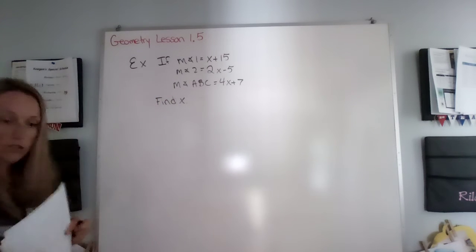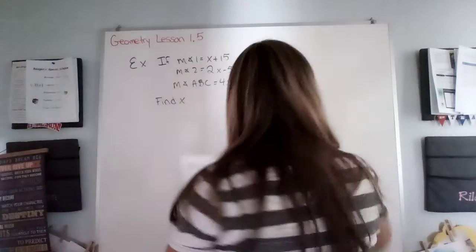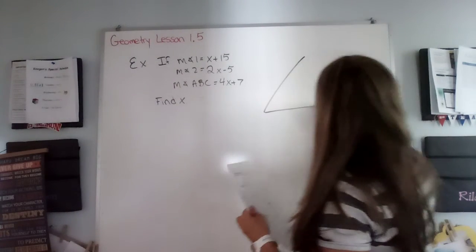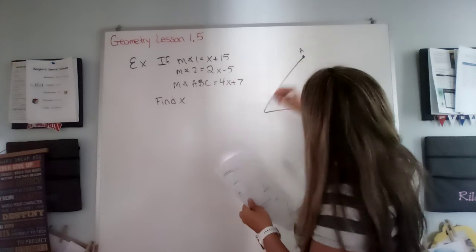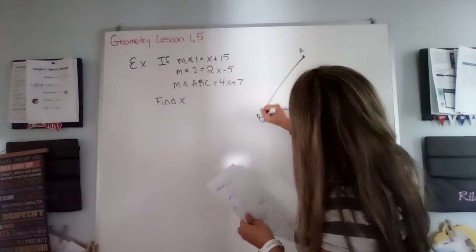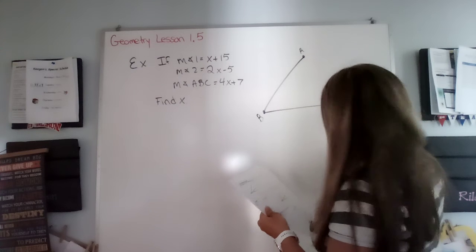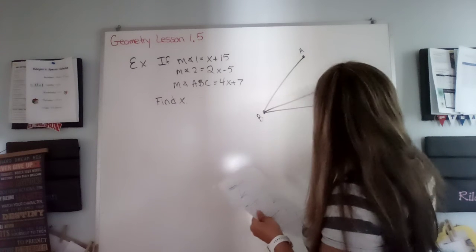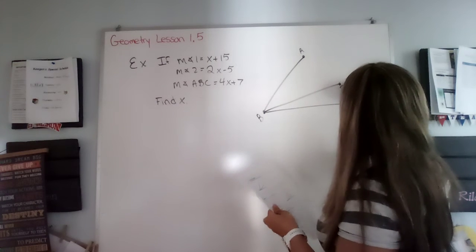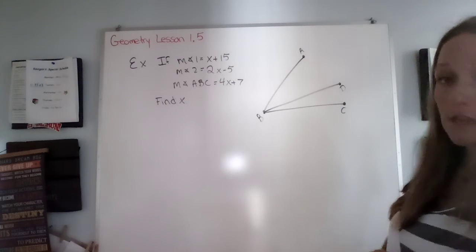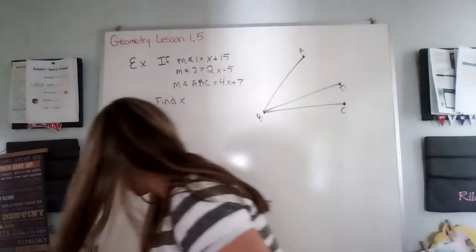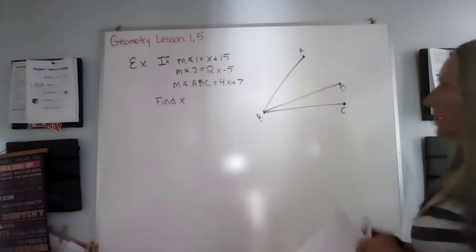So now I got to draw a diagram for you. So the big angle is A, B, C, and then I have D out here. Okay, so let's label everything that was given and then think about the angle addition postulate.